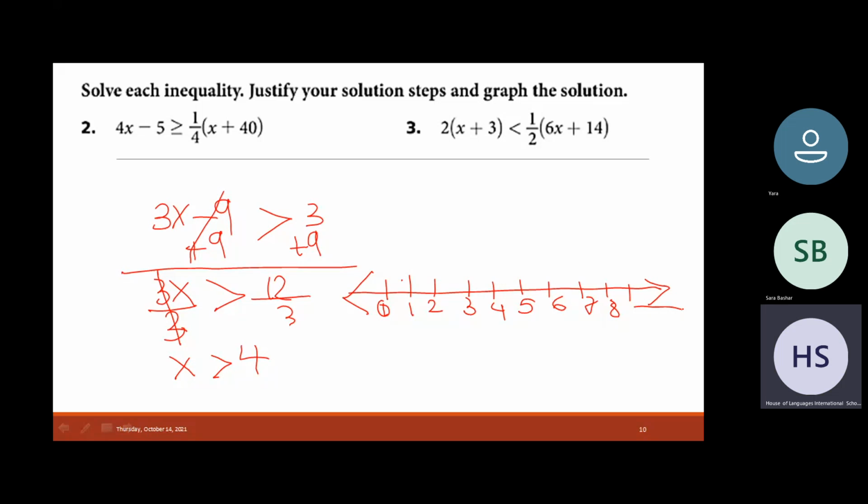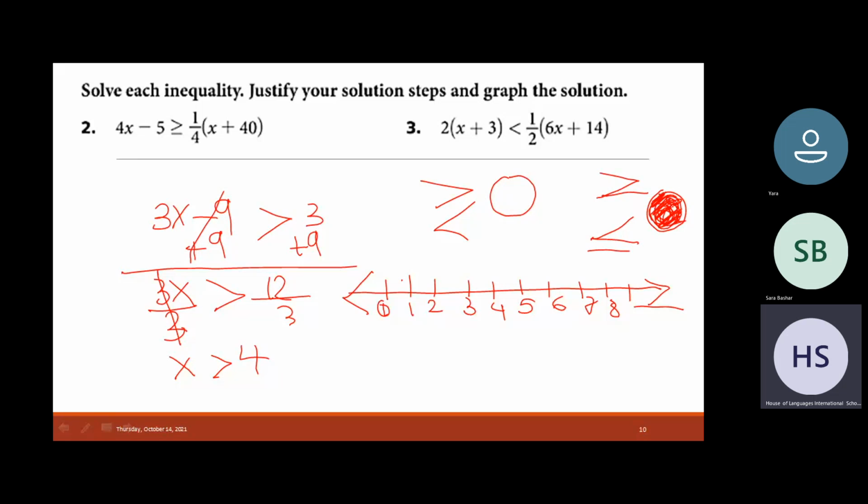If you have a greater than sign or less than sign without equal, you should draw an open circle. And if you have greater than or equal, less than or equal, you should draw a shaded circle.